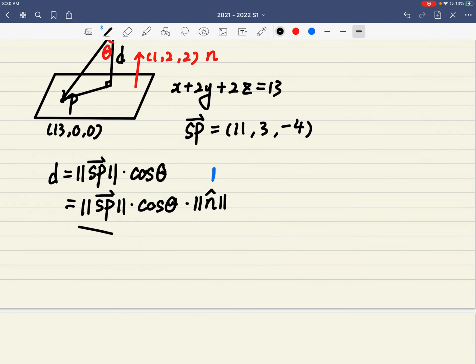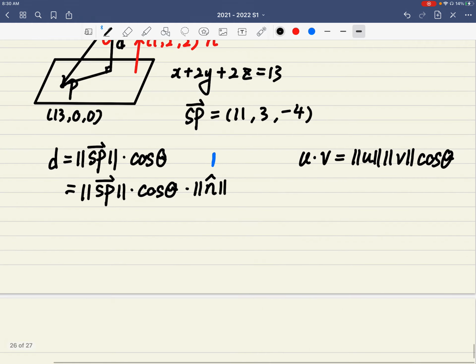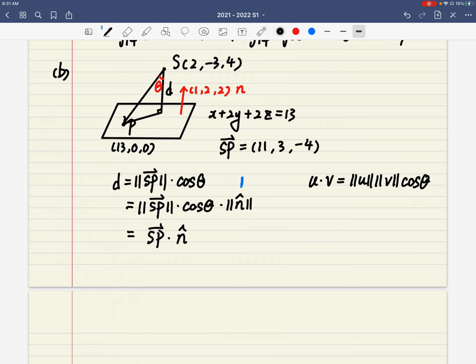By writing it this way, you can suddenly realize that it follows the formula of the dot product: u dot v is the length of u times the length of v times cosine theta. So here it's the dot product of SP and n hat.